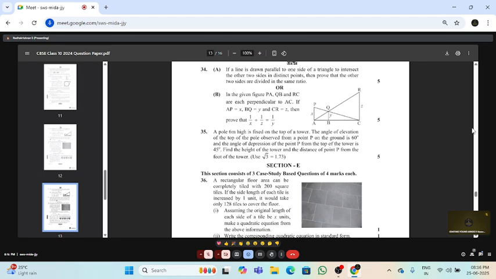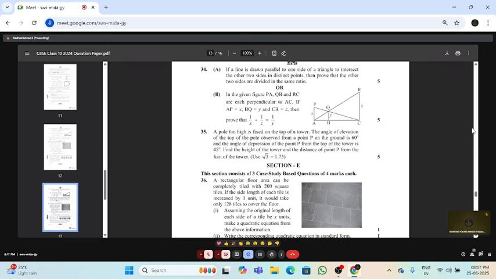Look at now problem number 34B. There is a figure given. You can all hopefully see the figure. In the given figure, PA, QB, and RC are each perpendicular to AC. So it is like on a road, three pillars are standing.